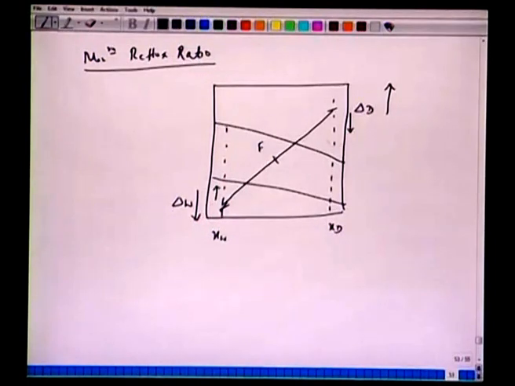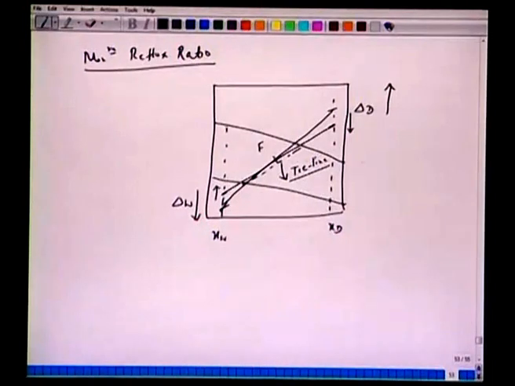Now, in this case what happens? There is a possibility that the line which you are drawing here through del D and del W, passing through this F, might coincide with a tie line. And if that happens, then the driving force is 0 and you have an infinite number of plates.